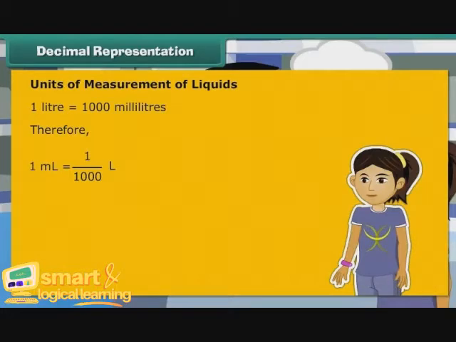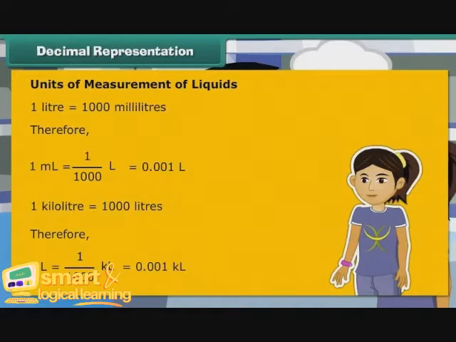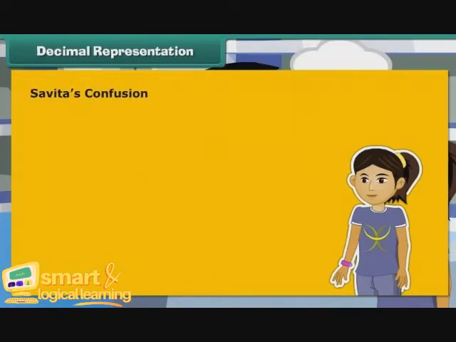That is equal to 0.001 liter. 1 kiloliter is equal to 1000 liters. Therefore, 1 liter is equal to 1 by 1000 kiloliter. That is equal to 0.001 kiloliter.